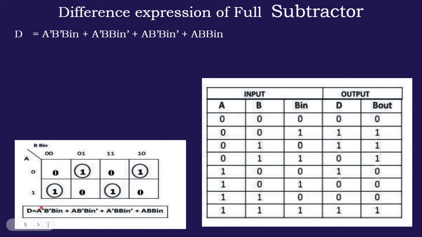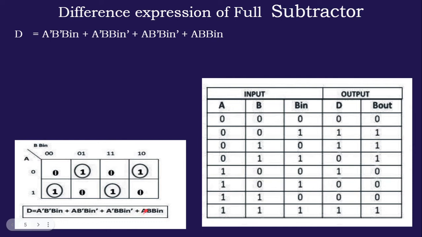So the first term is A bar, B in, plus take the next term. Here this is A bar and this is B and then B bar in, so it is given as A bar, B in bar.